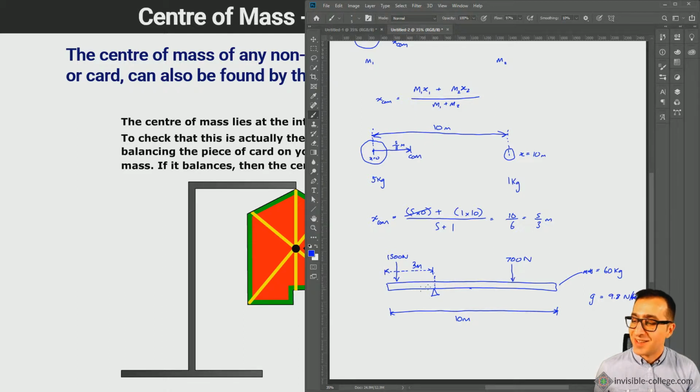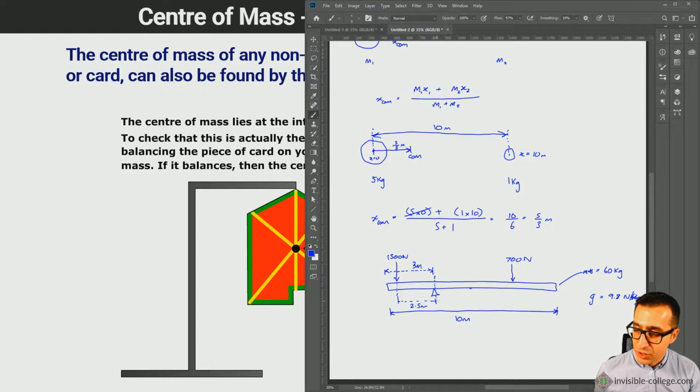Oh, I've forgotten to give you the distances. So let's assume that this 1500 newtons is acting at a distance of 2.5 meters. So this is where the 1500 newtons force is acting from the pivot point.